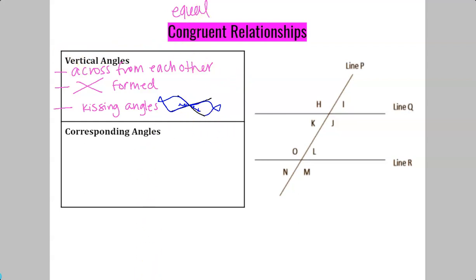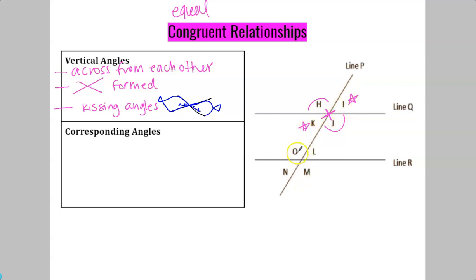So let's look for some angles that are across from each other. For example, angle H is across from angle J, so those would be vertical angles. We could also say angle K is across from angle I, and those would be congruent to each other and they're vertical angles.